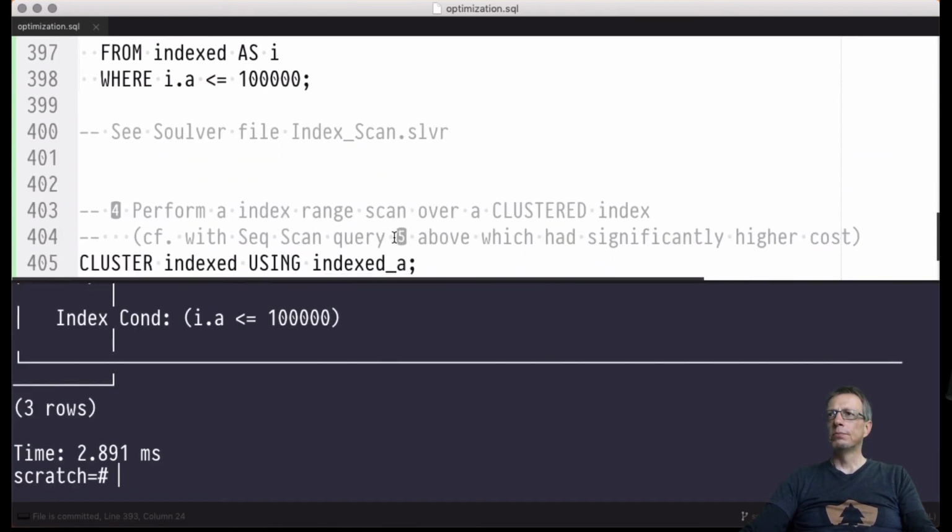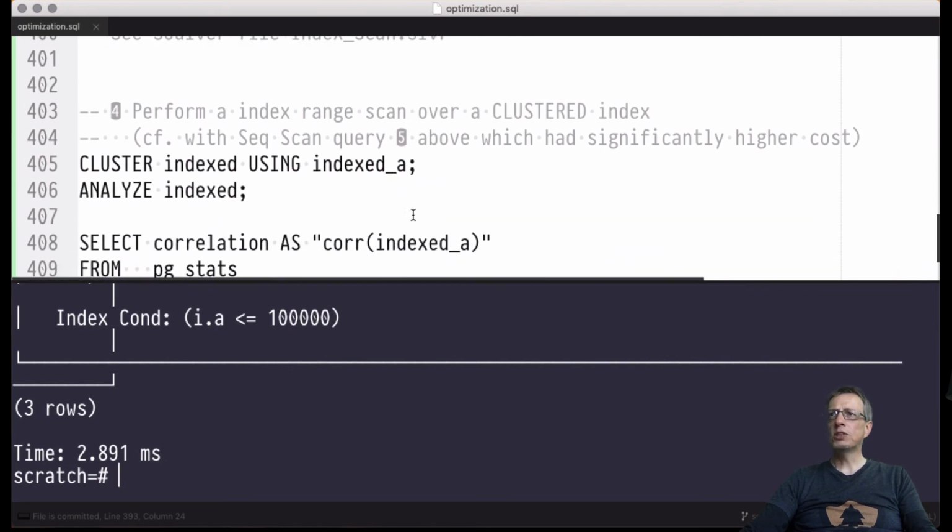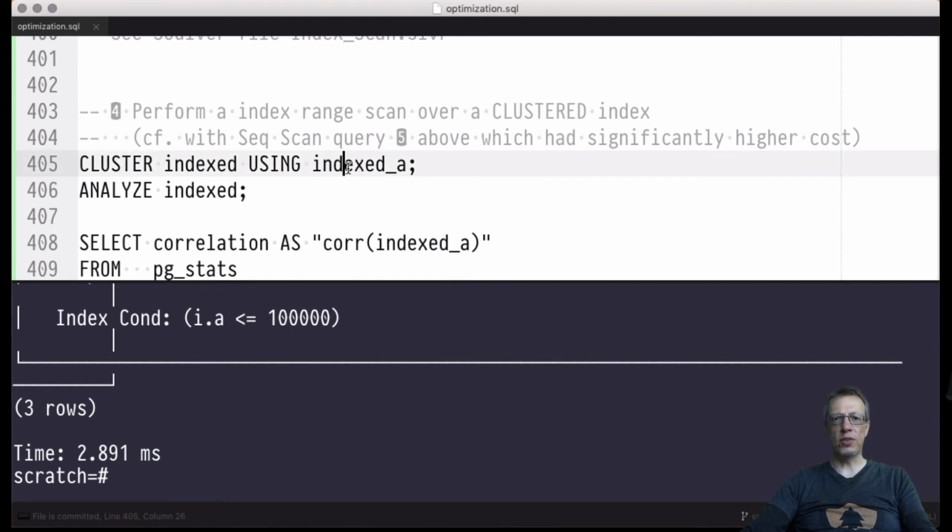All right, perfect. So now let's switch to the clustered case, and we would of course hope that the heap IO cost really drops. Okay, so let's see whether we can indeed see that. So we will now recluster the index table according to the A column, or to the B plus tree index over the A column.